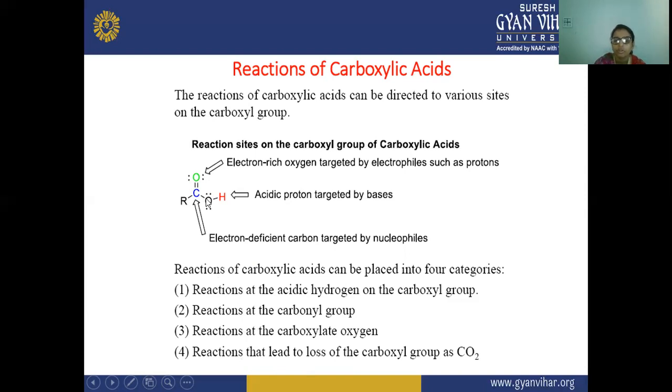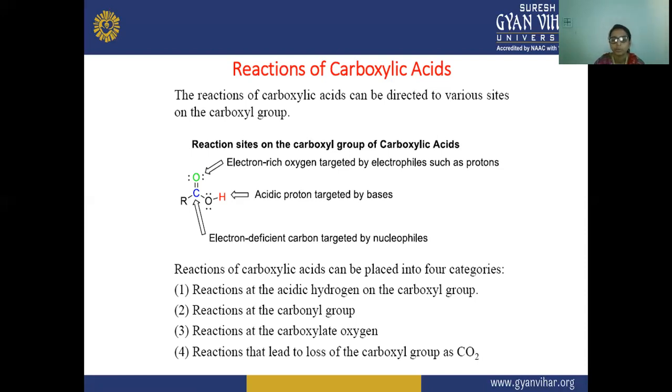So there are four types of reactions of carboxylic acid. First is the reaction at the acidic hydrogen on the carboxylic group. Second is the reaction at the carbonyl group. Third is the reaction at the carboxylate oxygen. Fourth is the reaction that leads to the loss of the carboxylic group as CO2.